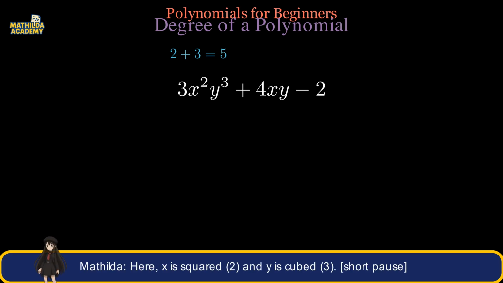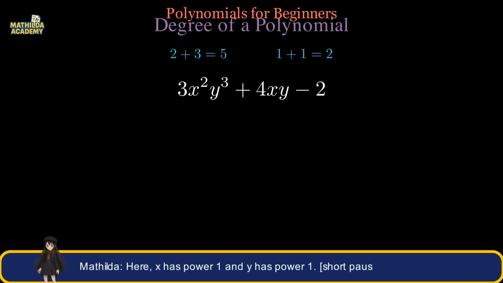Here, x is squared, 2, and y is cubed, 3. 2 plus 3 is 5. Here, x has power 1 and y has power 1, so the degree is 2. The highest total is 5, so the degree of the whole polynomial is 5.